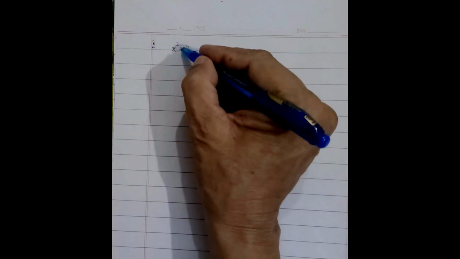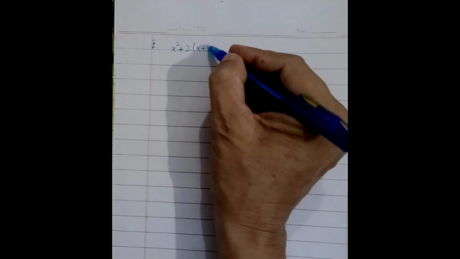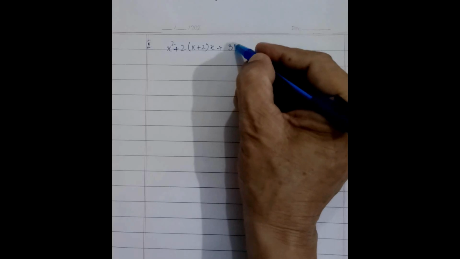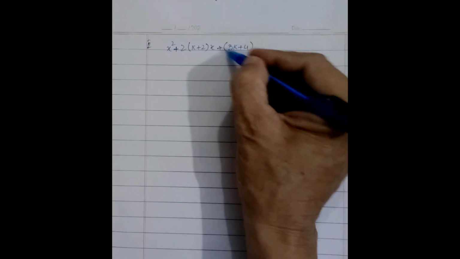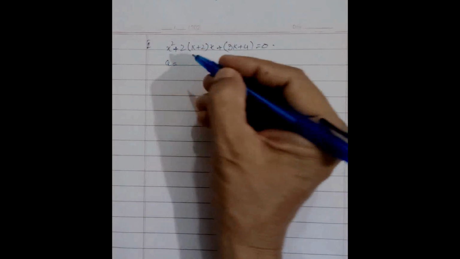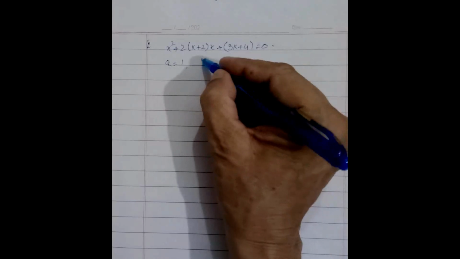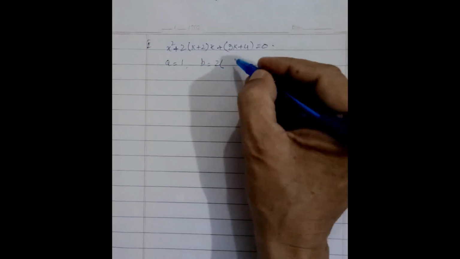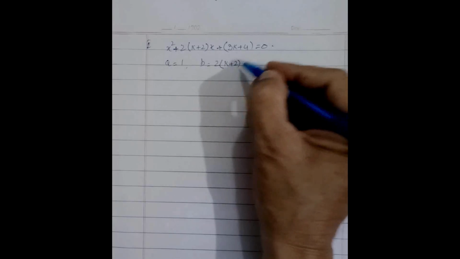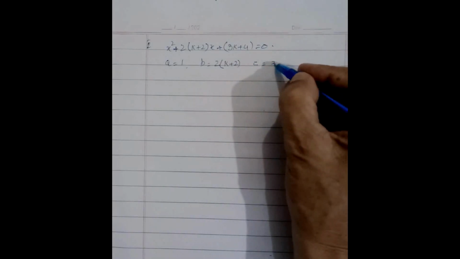Part 2: x square plus 2(k plus 2) x plus 3k plus 4 is equal to 0. And first we find the discriminant. In this question, a is 1, b is equal to 2(k plus 2), and c is equal to 3k plus 4.